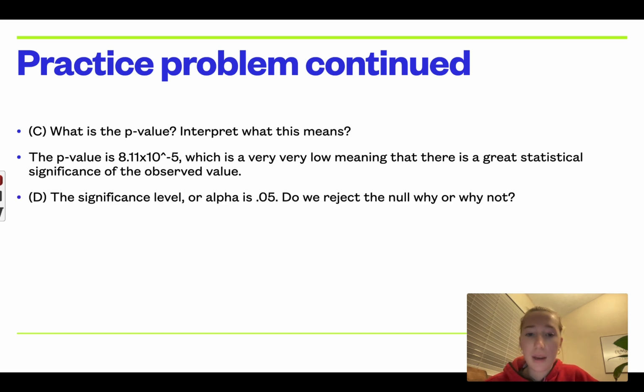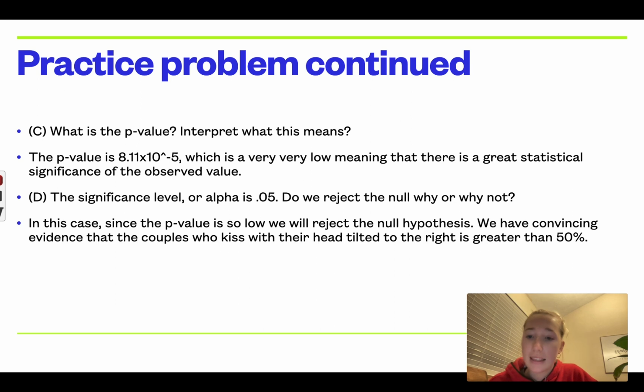So what this means for whether we accept or reject our null, that p is equal to 50%. In this case, since the p-value is so low, we will reject the null hypothesis. We have convincing evidence that the proportion of couples who kiss with their head tilted to the right is greater than 50%, which means we're basically accepting our alternative hypothesis, if that makes sense, and throwing out the null.